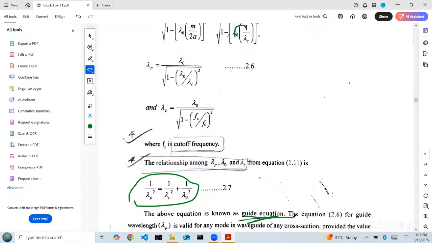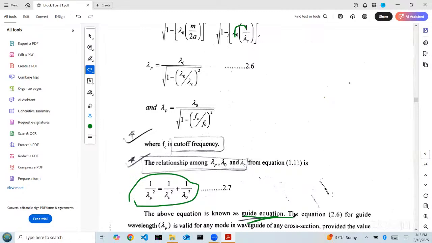Explain about the guide equation. From where to where will you cover? For the guide equation, what are the factors we have to calculate? First calculation is a. A is the separation between the two plates.